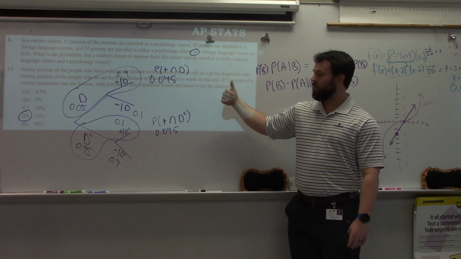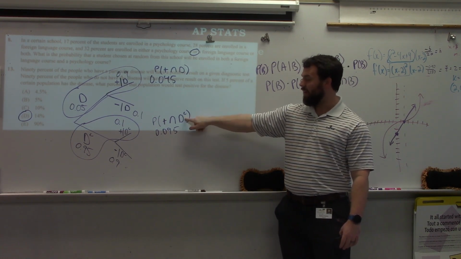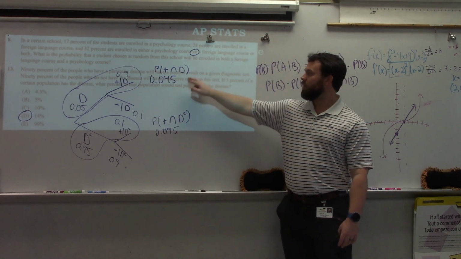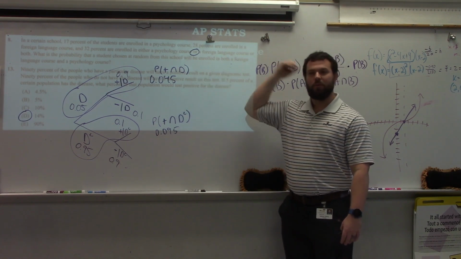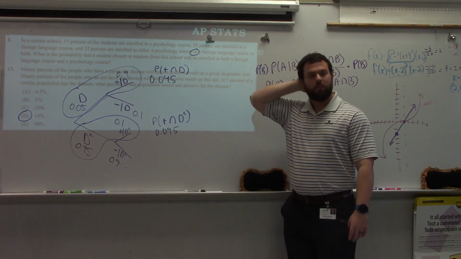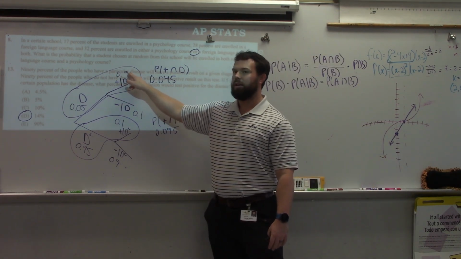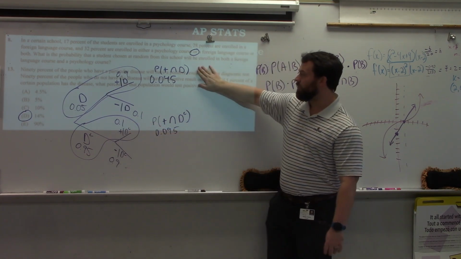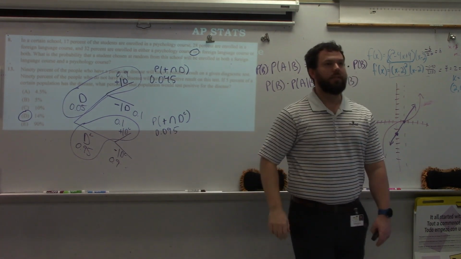Test positive and not having the disease happens almost a full 10% of the time. Testing positive and actually having the disease only happens almost 5% of the time. Now, the likelihood of testing positive given you actually have the disease is much higher than testing positive given you don't have the disease. But testing positive actually happens more often overall when you don't have the disease.